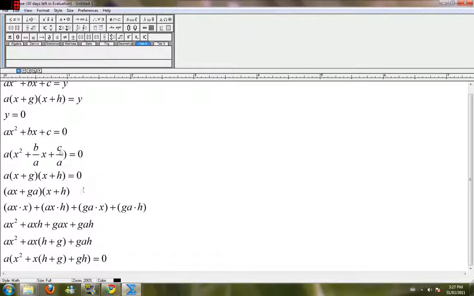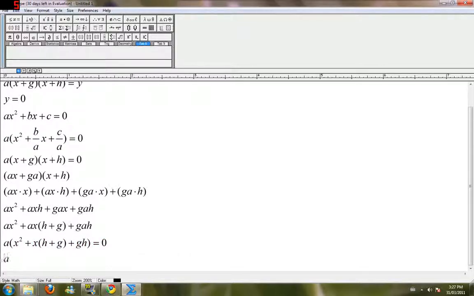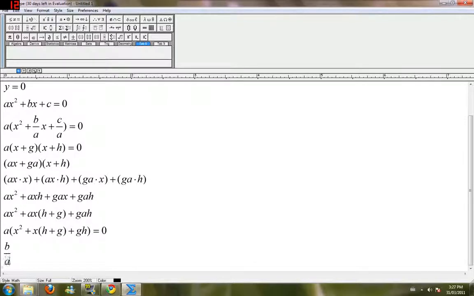Now, since both this form and this form are very similar, we can say that b over a is equivalent to our h plus g, because over here we have x times h plus g, and over here we have b over a times x.